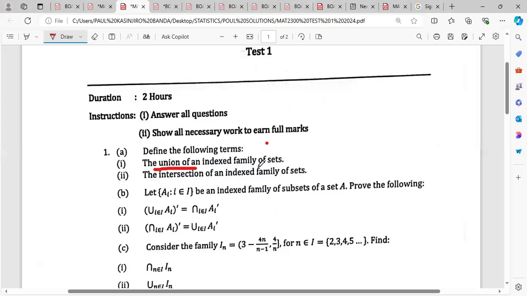Then you can know what the union is. So let me first define the indexed family of sets, and then we can go on to the union and the intersection.